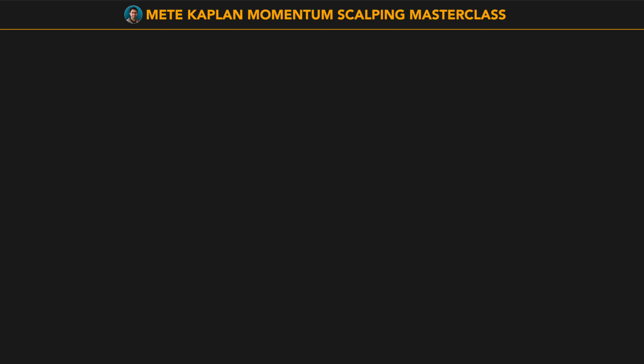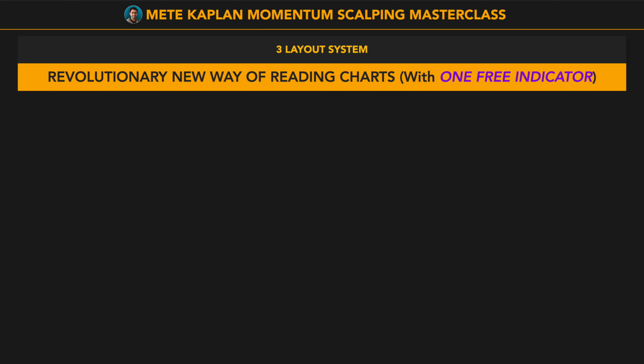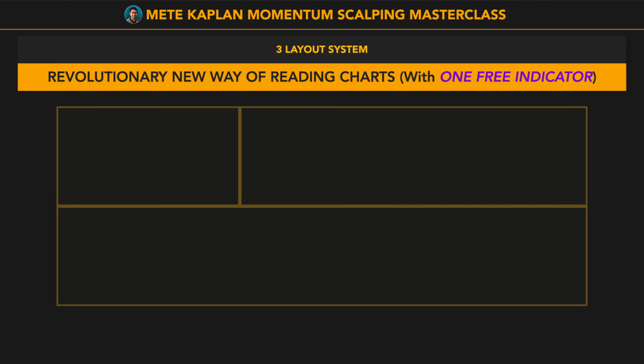Now the main question is this: how to find and catch this kind of trades very quickly. In the free masterclass program update, you will find all the answers you need. First of all, I kind of revolutionized the chart reading. I was using 2 or 3 screens all the time and I was overloaded with charts and data.